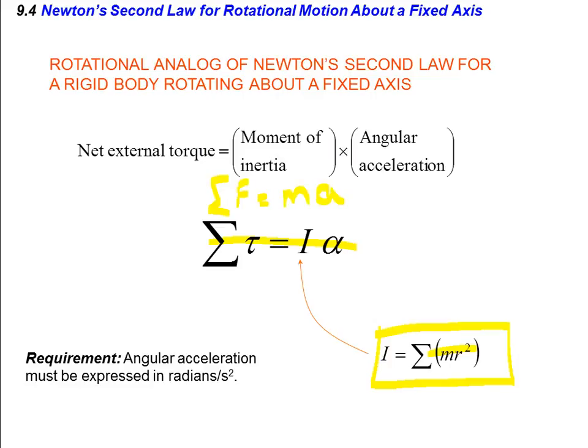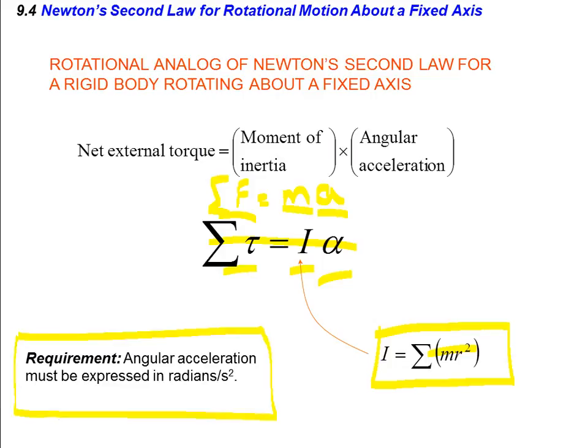It's the same type of thing: rotational force, rotational mass, rotational acceleration. So really the blueprint is no different. It's just that we have different quantities now, all of our rotational quantities. One of the requirements here is that the angular acceleration is measured in radians per second squared.